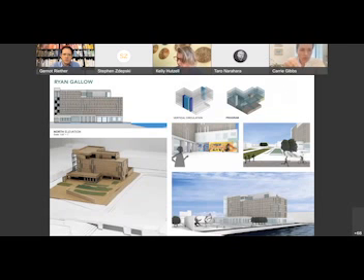And then Ryan, I thought, did a really nice job of taking the very analytical, specific drivers of the project and really making them into this art museum that works very well. And he built nice models and had a really nice project overall.